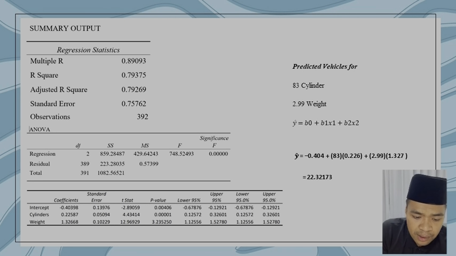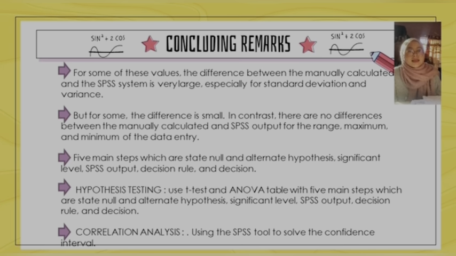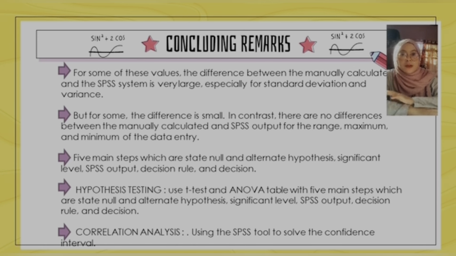In contrast, there is no difference between the manually calculated and SPSS output for the range, maximum and minimum of the data entry. In hypothesis testing, we use the independent sample t-test and ANOVA table. We show in detail the 5 main steps, which are stating the null and alternative hypotheses, significance level, SPSS output, decision rules and decision. Finally, we also perform correlation analysis by using a correlation table.